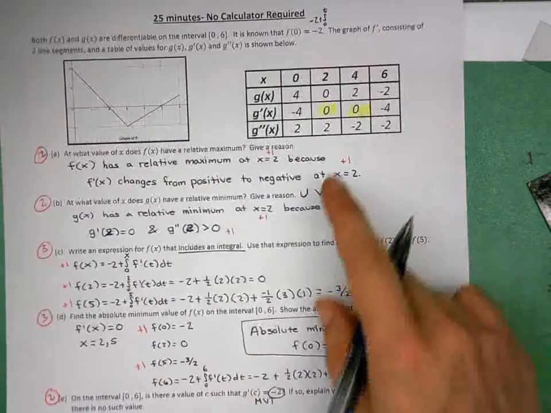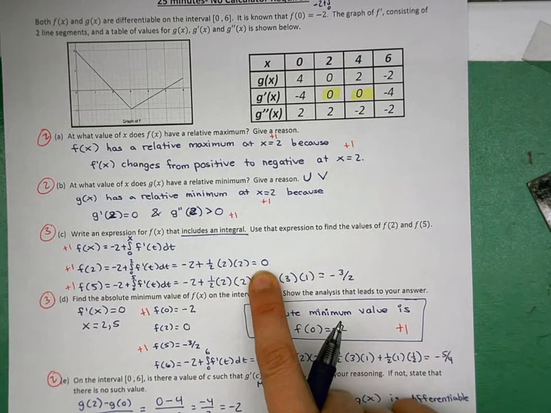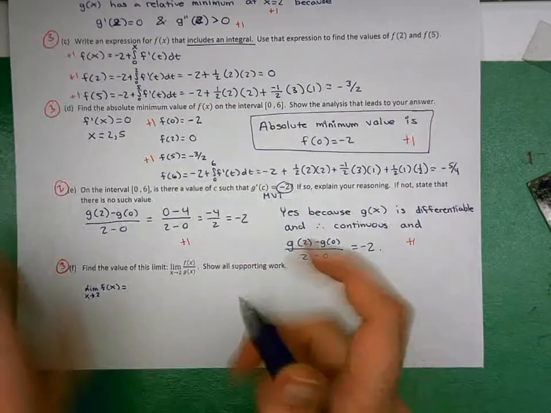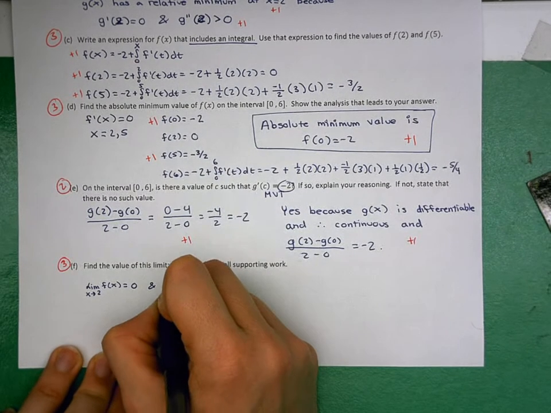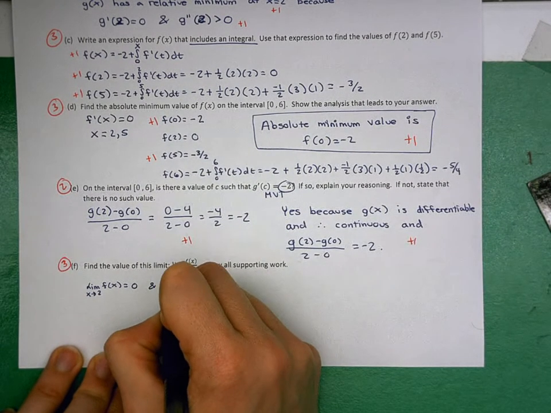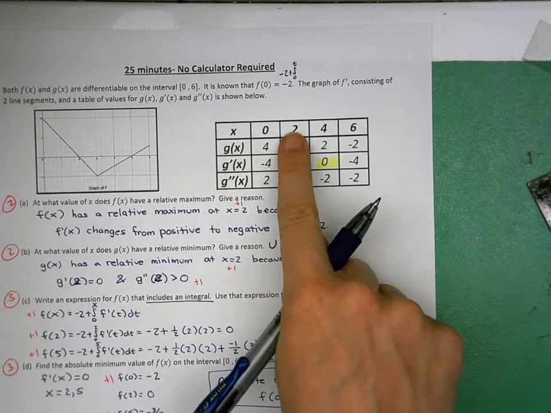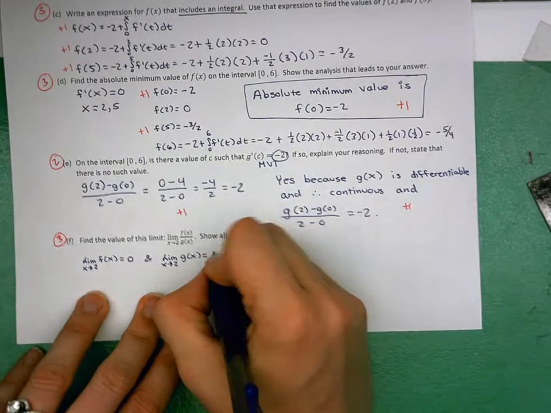I found that up here. And when I plug 2 into g of x, g of 2, I also get 0. Well, I can't get 0 over 0, so I therefore have to do something.